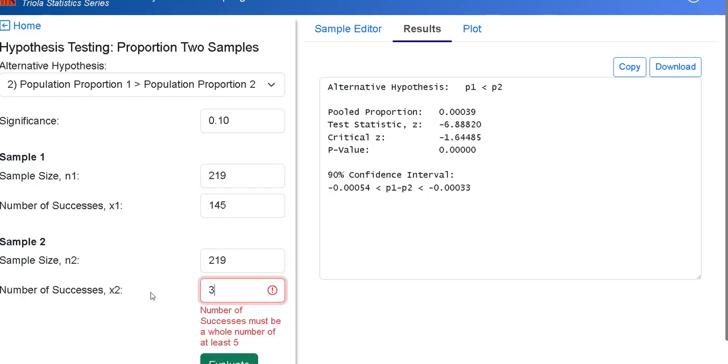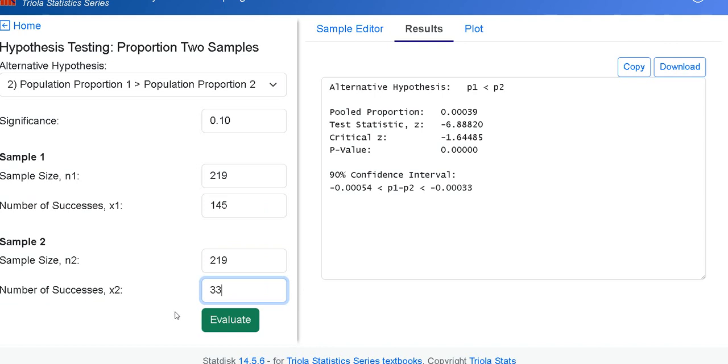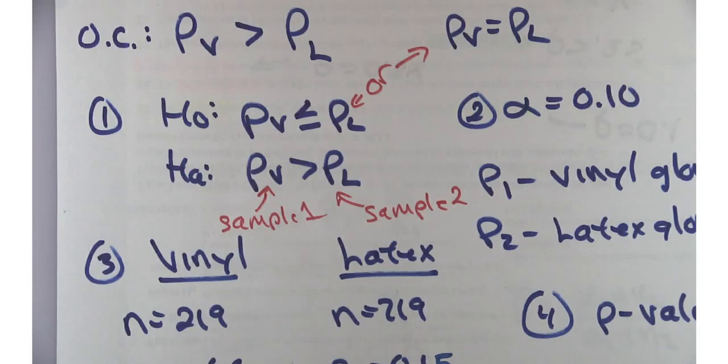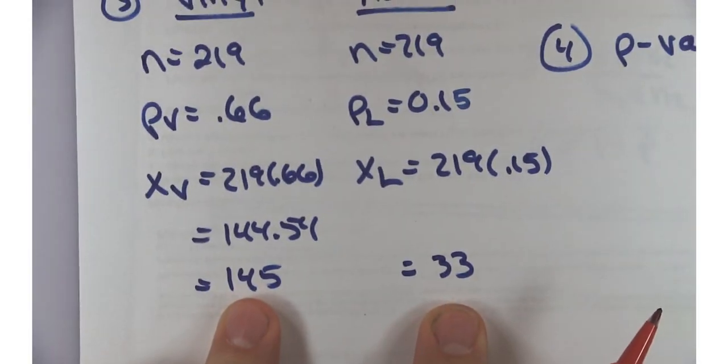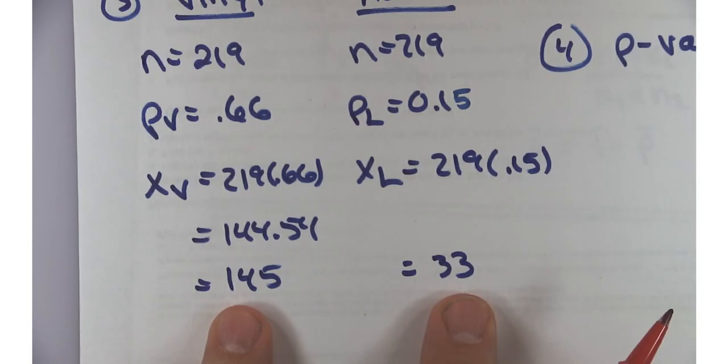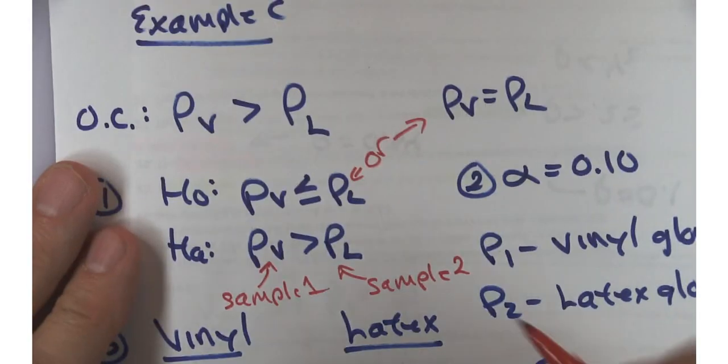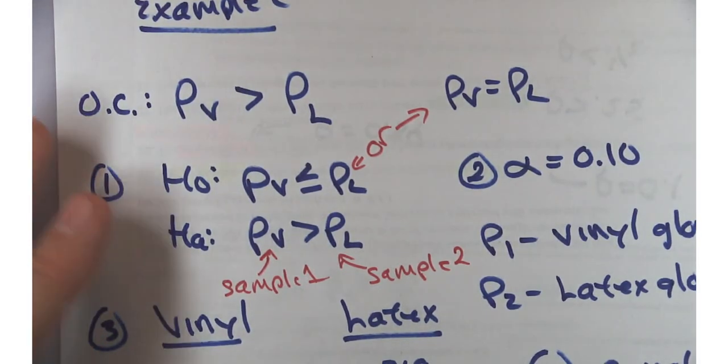Now before I hit the button here, let's think about something. Do you really think we need a test to prove that latex gloves work better than the vinyl gloves? No. I mean, it should be abundantly clear. Before I look at the p-value, what do you expect?